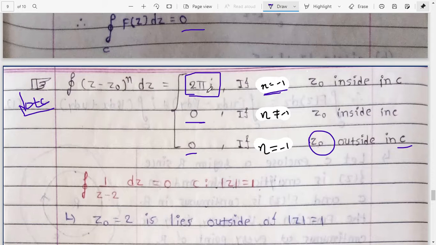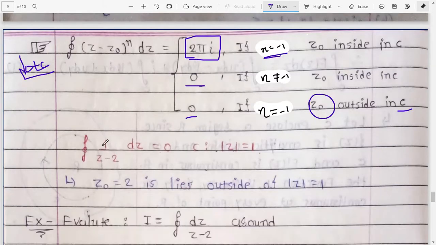Here we take the anticlockwise direction. So in the anticlockwise direction, for n is equal to minus 1 and z0 inside, the integration is 2 pi i; for n not equal to minus 1 and z0 inside, it is 0; and for n is equal to minus 1 and z0 outside, the integration is 0.